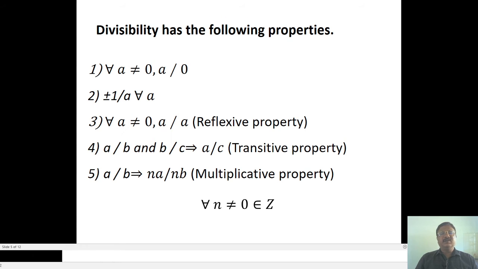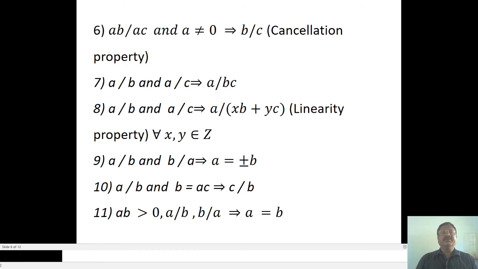Fifth, a divides b implies n into a divides n into b, that is multiplicative property, for every n not equal to 0 belonging to Z.